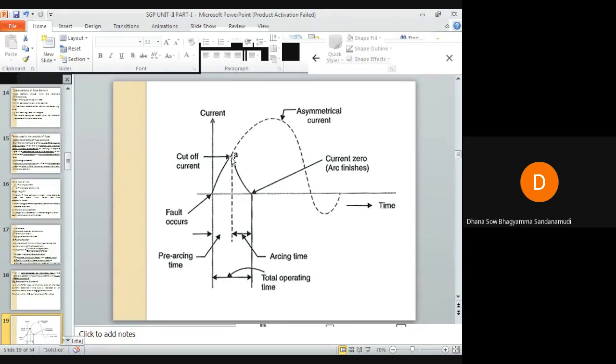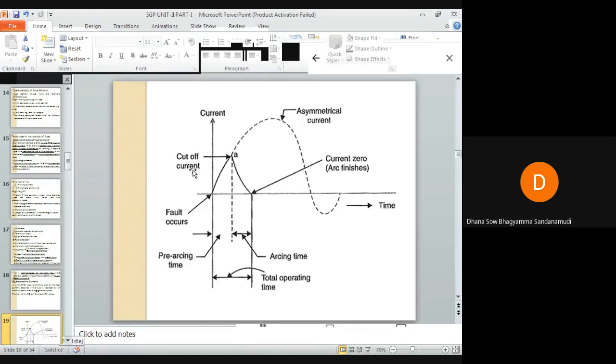If the rating of the fuse is high, the time taken for the fuse to blow will be much more when compared to a lower rating fuse. It also depends on the value of the prospective current, and you now know the definition of prospective current. And it also depends on how asymmetrical the short circuit current, meaning the fault current, is. This is about cutoff current.